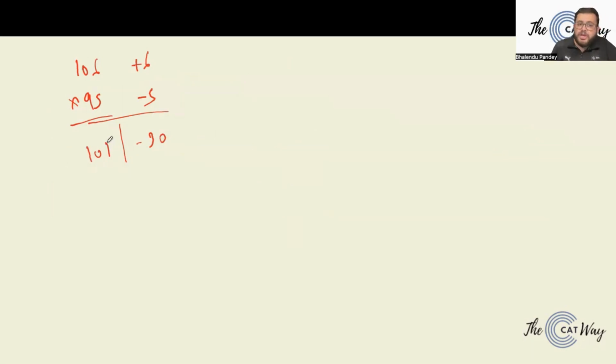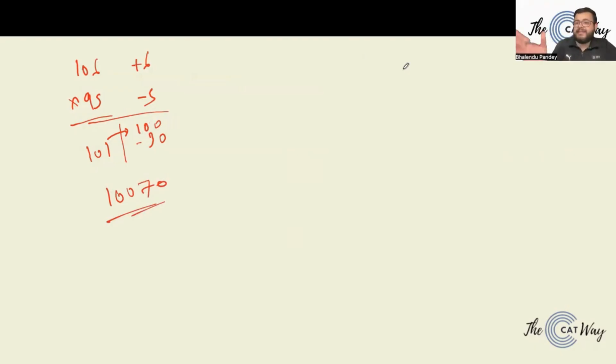So what do you do? You take a carry forward from here, right? Once you take a carry forward, you're not only taking a carry forward of 1, but you're taking a carry forward of 100, right? So once you take a carry forward of 100 from here, 101 becomes 100, and 100 minus 30 gives you a 70 over here, right?